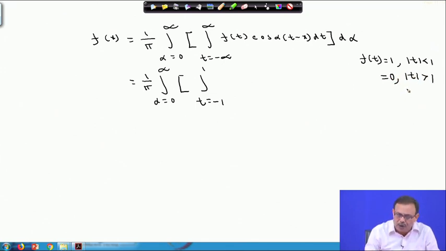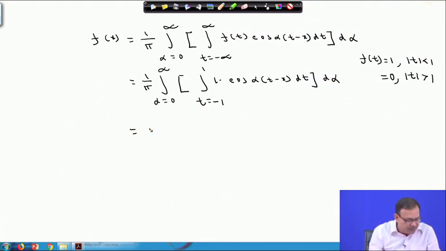So I am writing 1 into cos of alpha into (t minus x) dt d alpha, and this integral I can evaluate very easily.